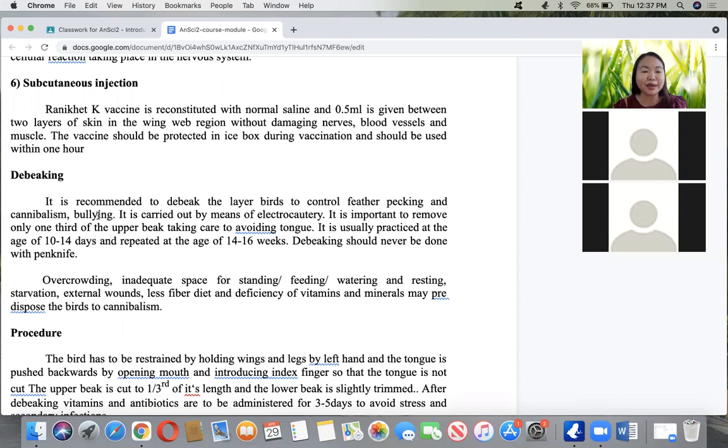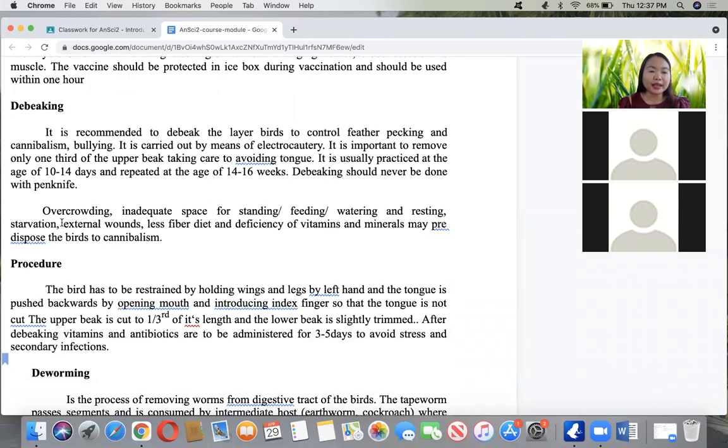May bullying din ang mga birds or poultry. And it's done by electrocautery, no? Or remove one-third of the upper beak, taking care to avoid the tongue. And this is practiced at the age of 10 to 14 days and repeated again at 14 to 16 weeks, but never do it with a pen knife.